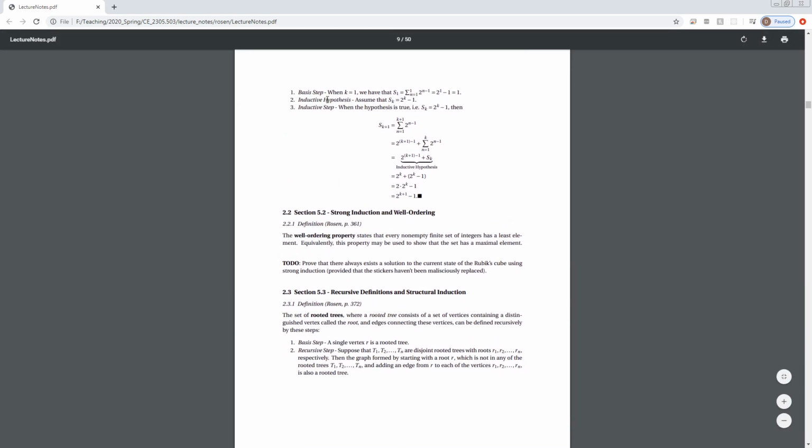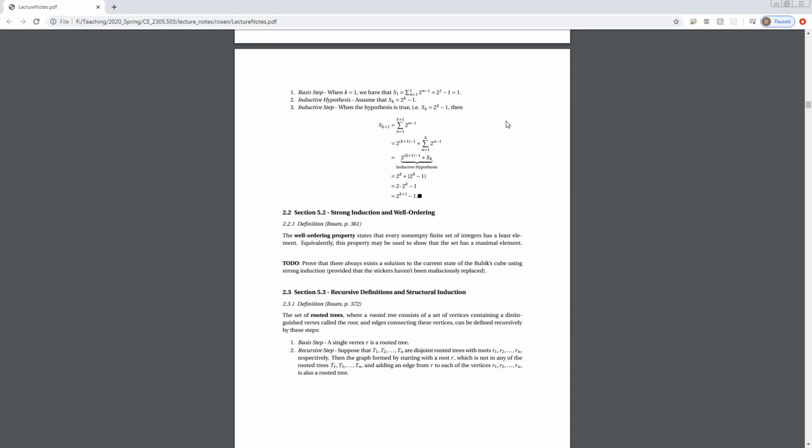So again, as is hopefully becoming a bit intuitive, we start with some basic case, right? And here we let k equal 1 for our base case.